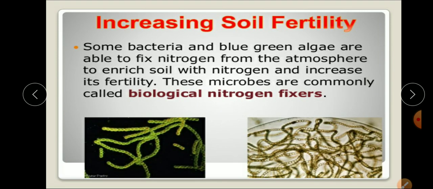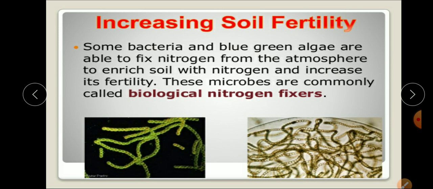Next, increasing soil fertility. Here, some bacteria and blue green algae are able to fix nitrogen from the atmosphere to enrich soil with nitrogen and increase its fertility. These bacteria and blue green algae are able to what?